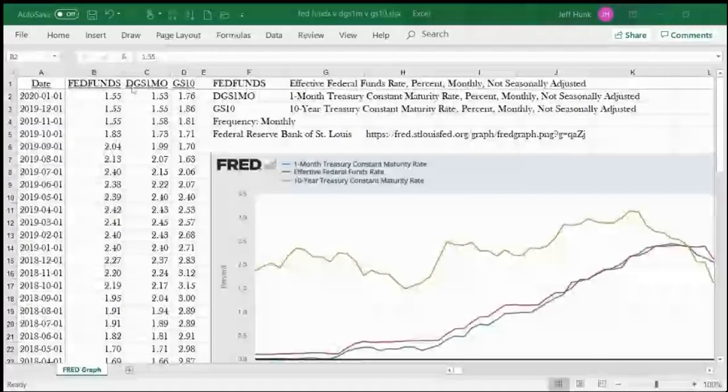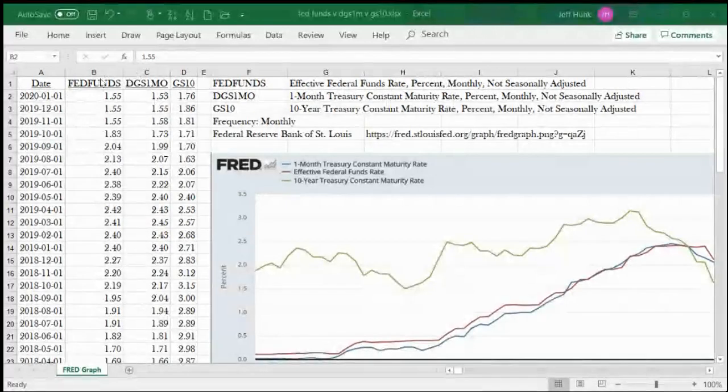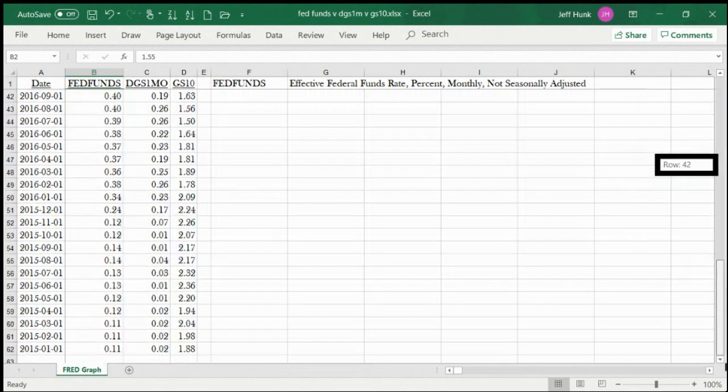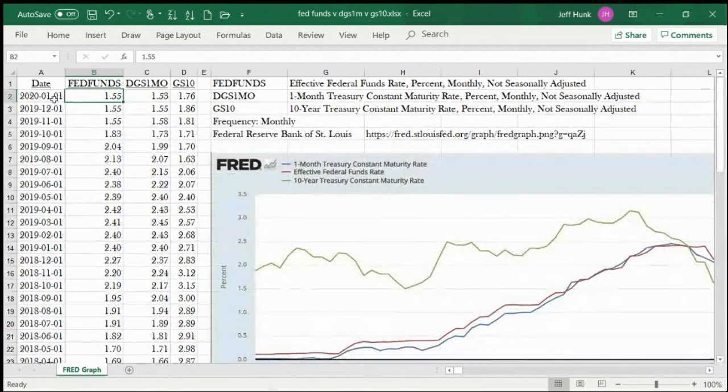So I have three columns: Fed funds rate, column B. This is 1 month Treasury bill, column C. Column D, GS10, that's the 10-year Treasury note. The time frame is January 2015 through January 2020.